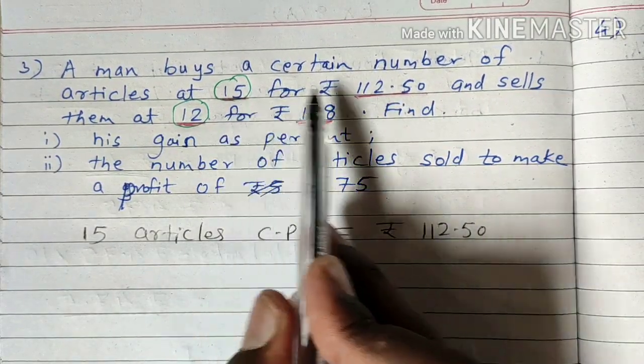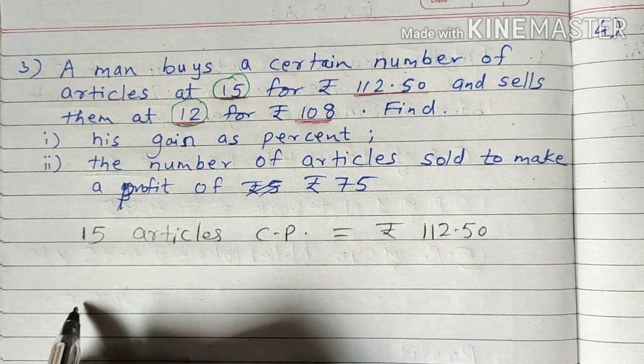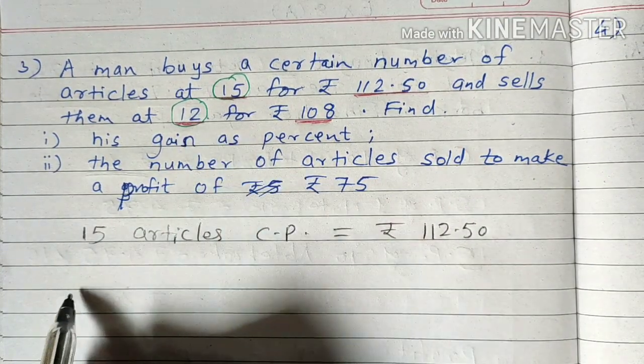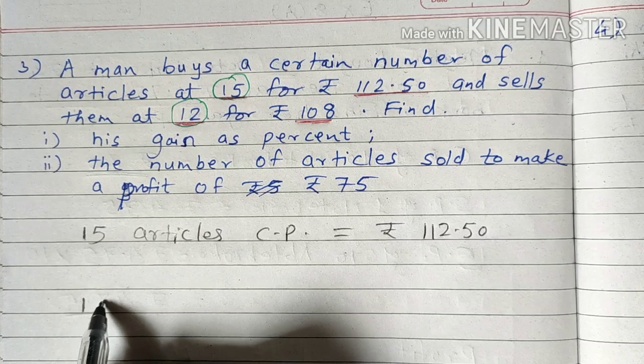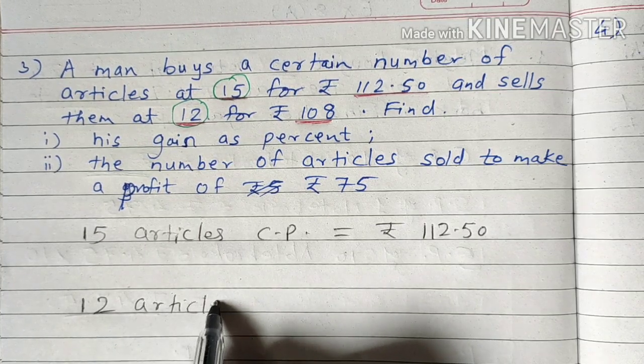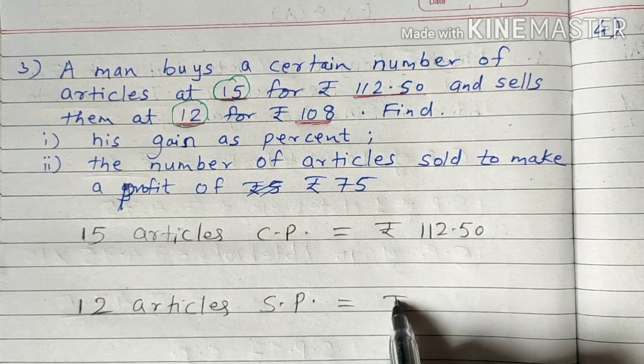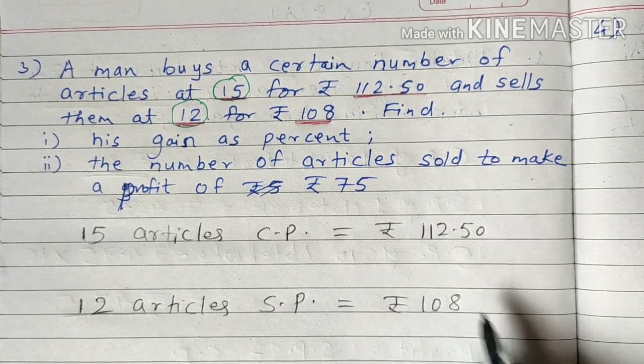Correct? 15 articles cost price is 112.50. And second thing, what they had given us, 12 articles selling price is equals to rupees 108.